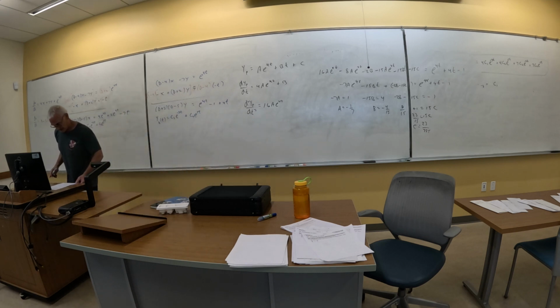So hopefully I didn't mess that up. I think that's what I got the first time. So now over here: negative 1/7, negative 4/15.